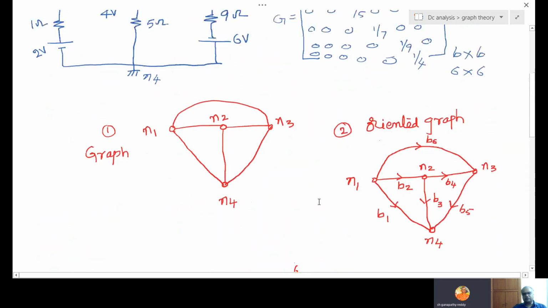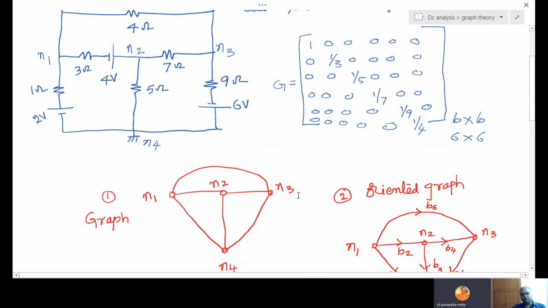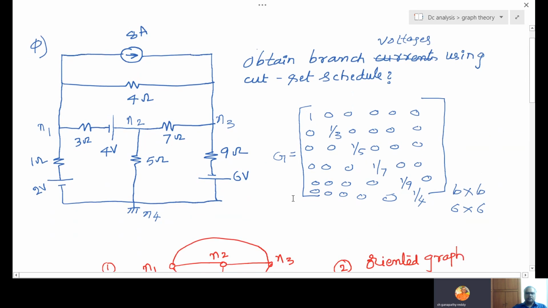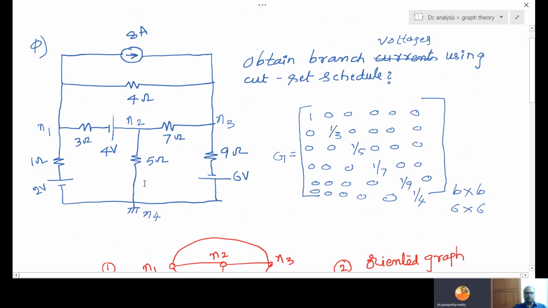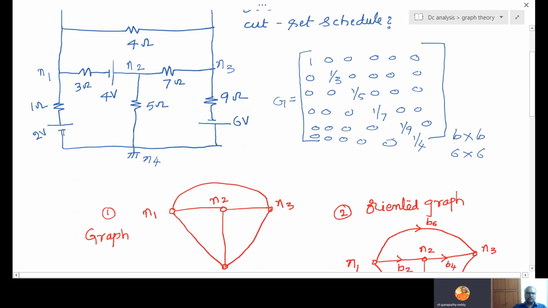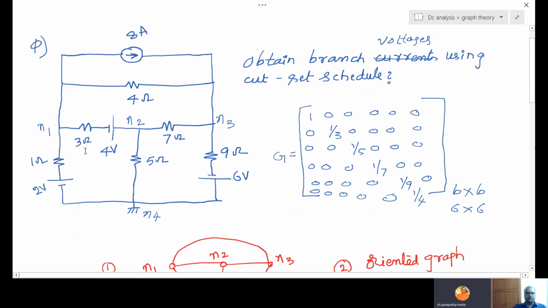So these two techniques are, one is tie set, other one is cut set. These two schedules are over. These two schedules can be applied to AC sources also. 99% with AC source, they will not ask in the exam. The reason is if sources are AC, then resistor, inductor, capacitor also will come.